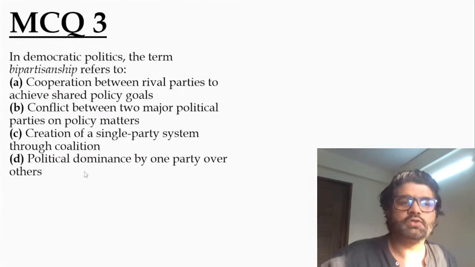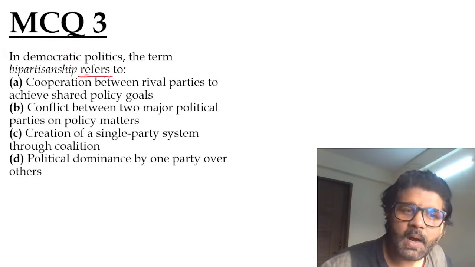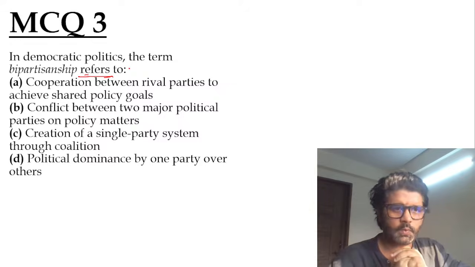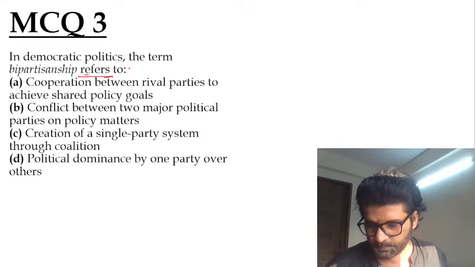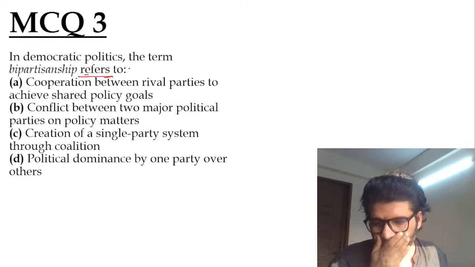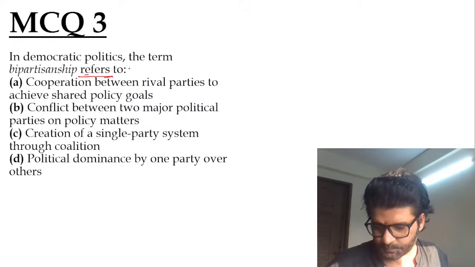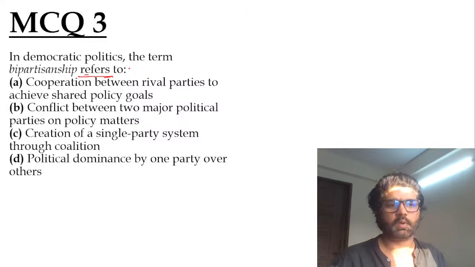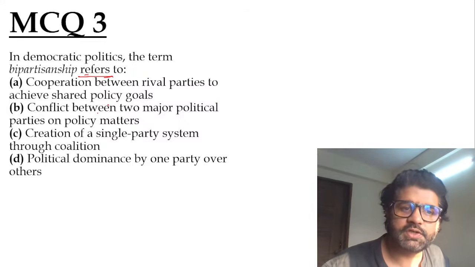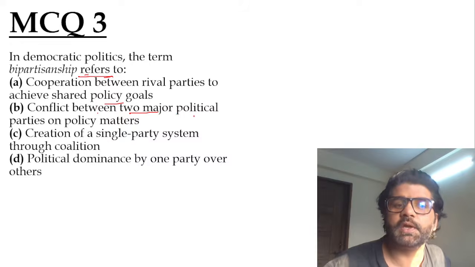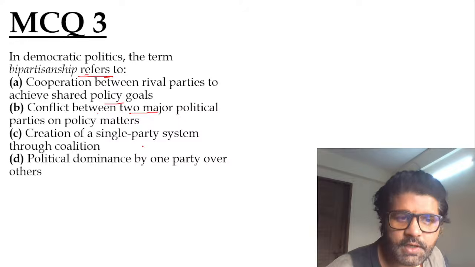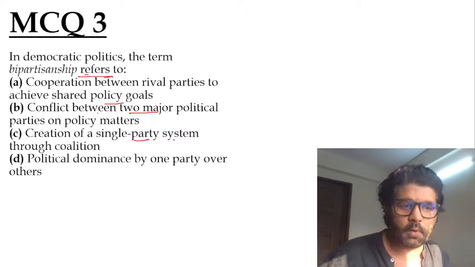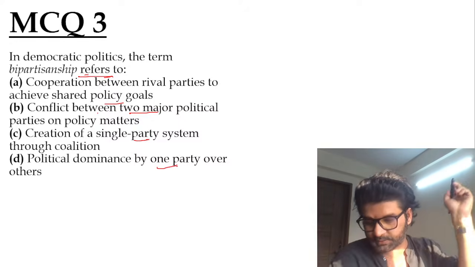Okay. So in democratic politics, the term bipartisanship refers to what? What is bipartisanship? Cooperation between rival parties to achieve shared policy goals; conflict between two major political parties on policy matters; creation of a single party system through coalition; political dominance by one party over others.